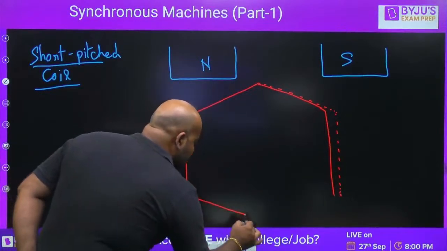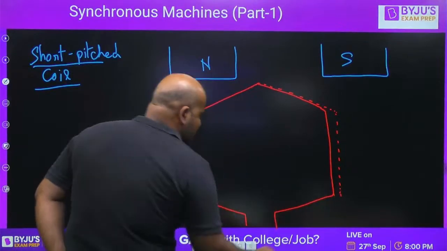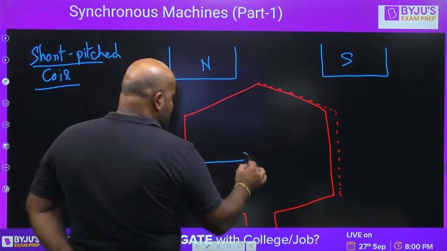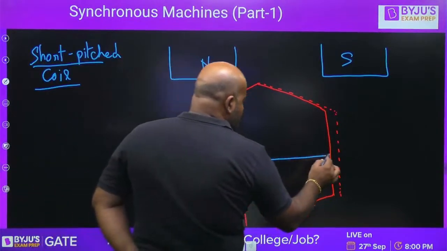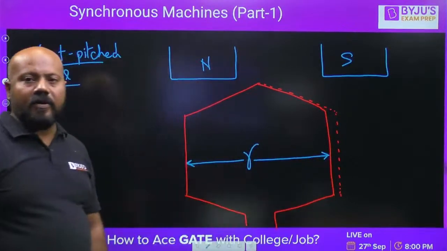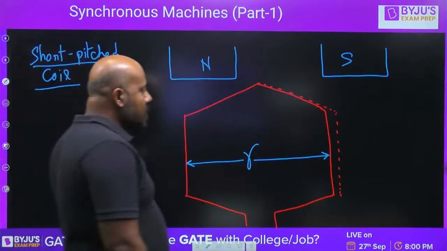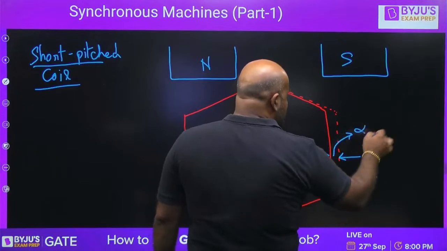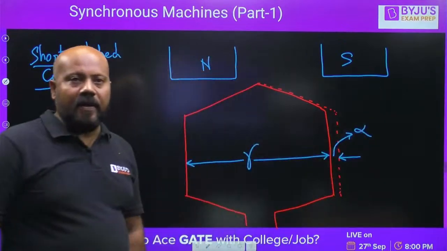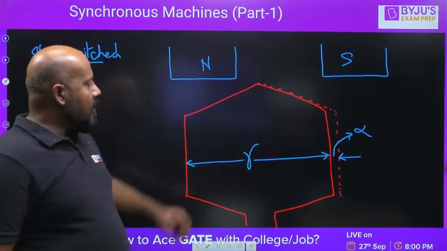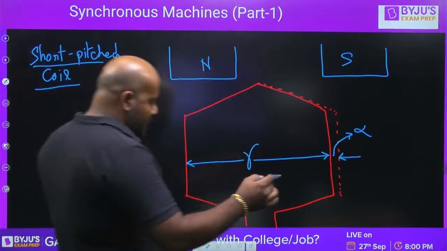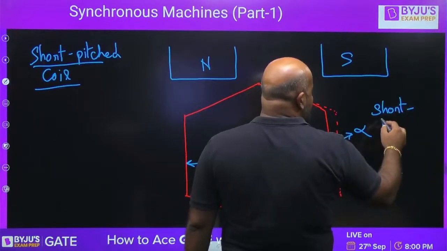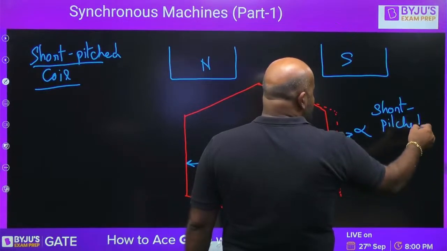So we are getting a situation something like this. Now our coil span is going to be gamma. And this angle by which the coil is short pitched, we are calling as alpha. Alpha is the short pitch angle.